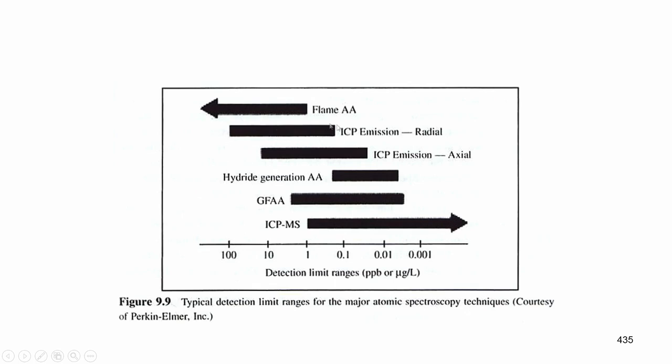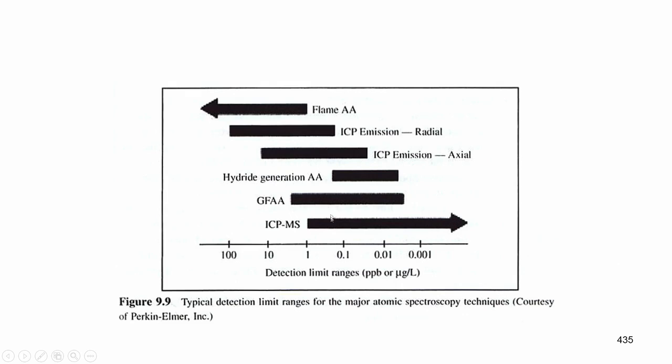The detection limits for all elements fall within 0.8 to 100 ppb. For ICP emission, it is about 0.02 up to 10 ppb.